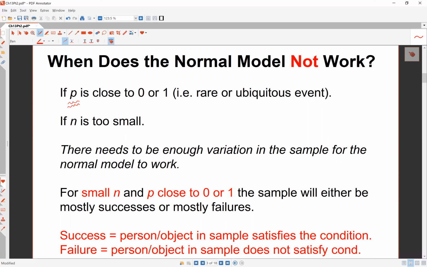So either if we're working with events that are very rare, or events that occur all the time, the normal model is questionable. We're in a much better position to use the normal model if the value for p is not too close to 0 and not too close to 1.